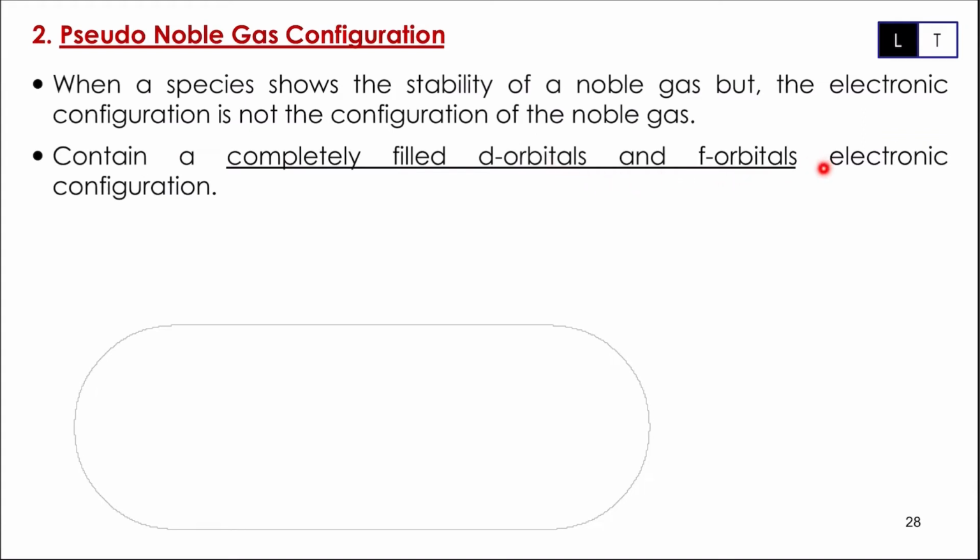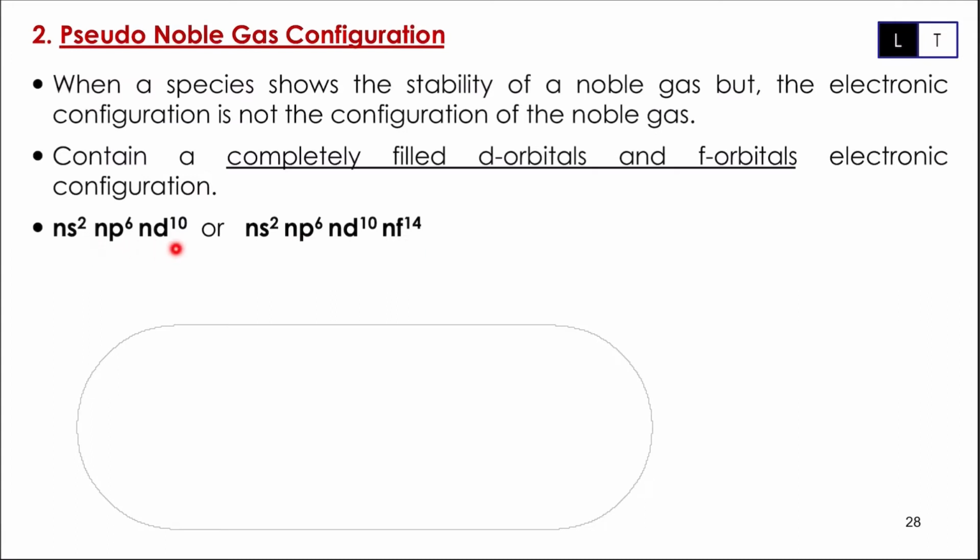In general, for example, it should be ns2 np6 nd10 or ns2 np6 nd10 nf14. So the elements that have this VEC should be elements with more than 30 protons or 30 electrons.